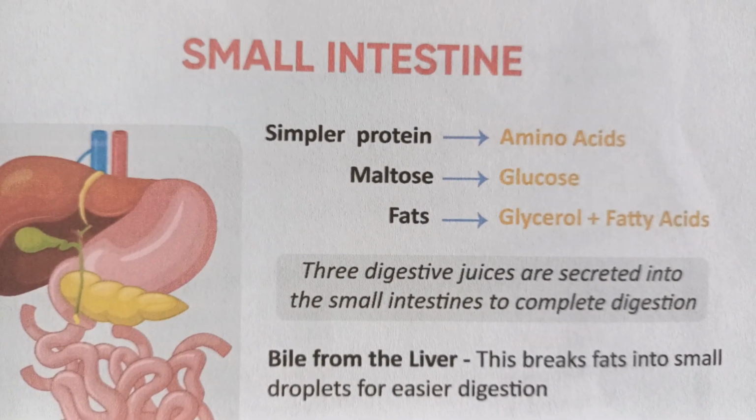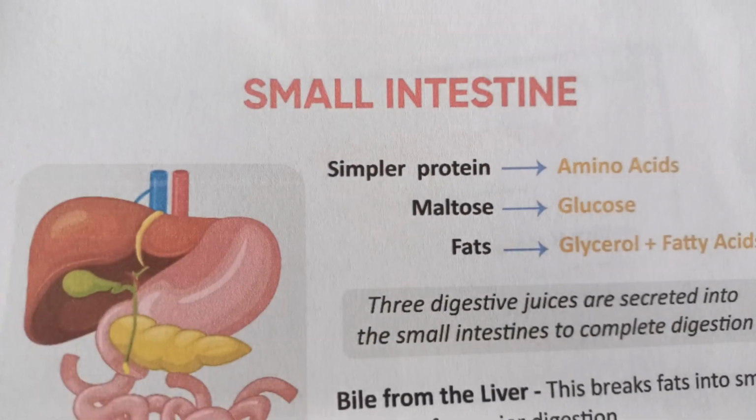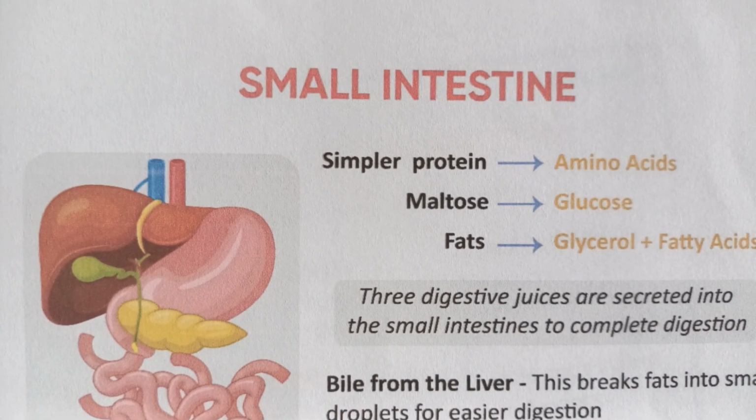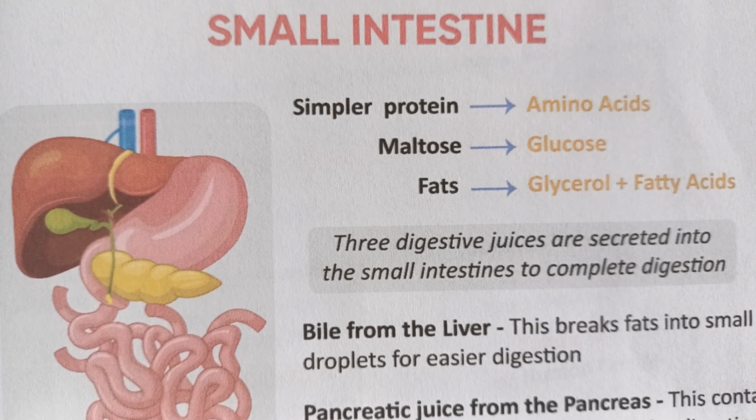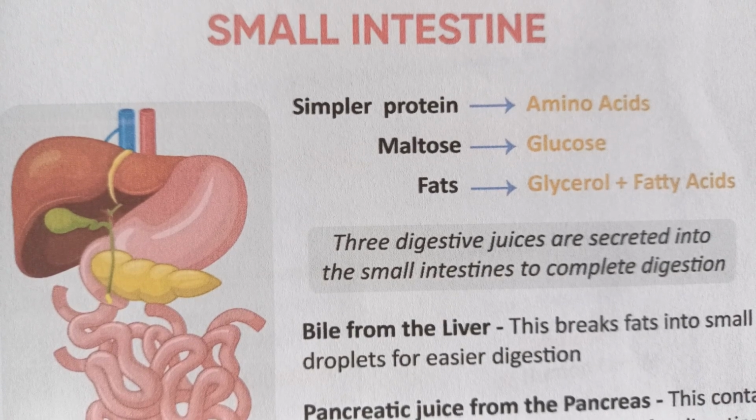Now the small intestine is the longest part of the gastrointestinal tract, and it's very important in digestion. So let us look into a few details of what happens in the small intestine. The length of the small intestine is different in different animals depending on what type of food they eat.